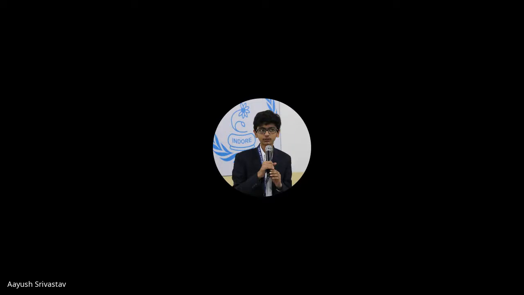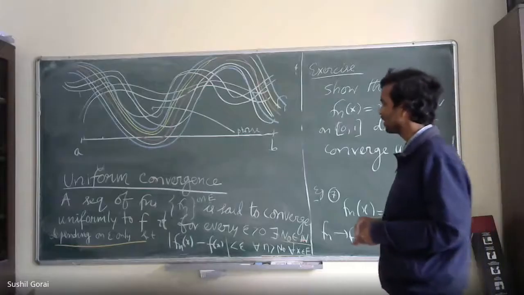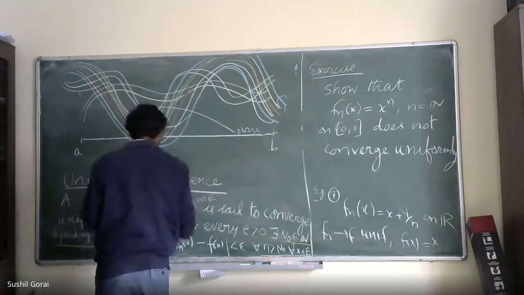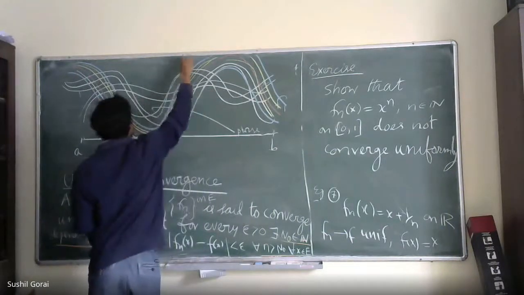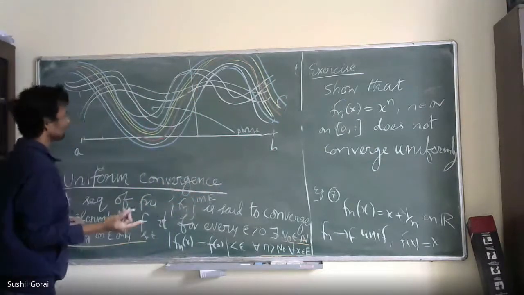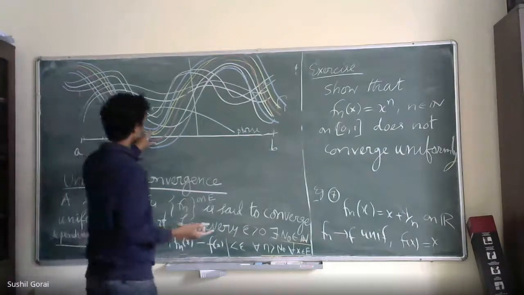So it basically means that if we draw a vertical line x equal to some c, the y points on that line will come into an epsilon neighborhood, which we won't get in pointwise convergence. The vertical line is not a graph, right?